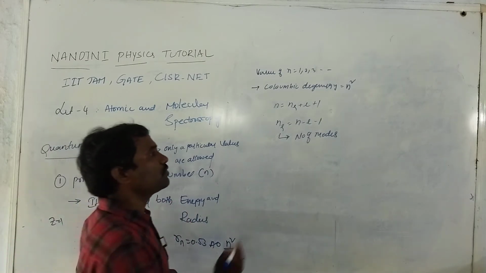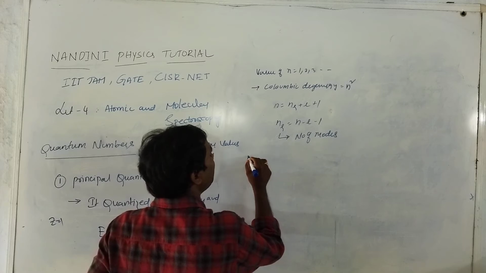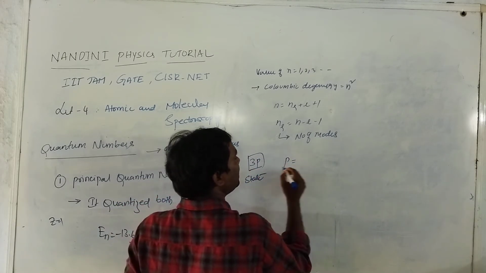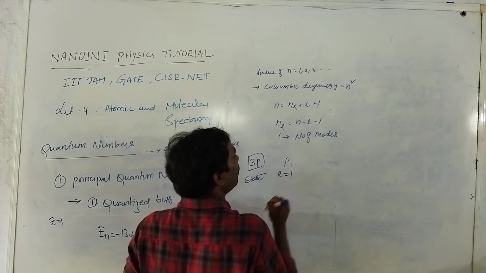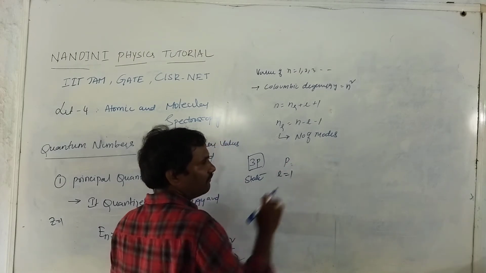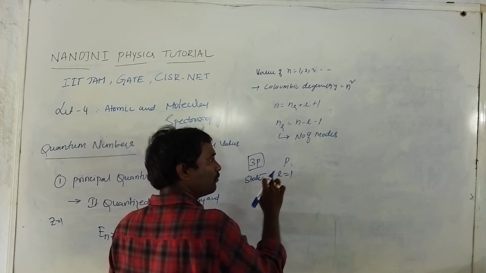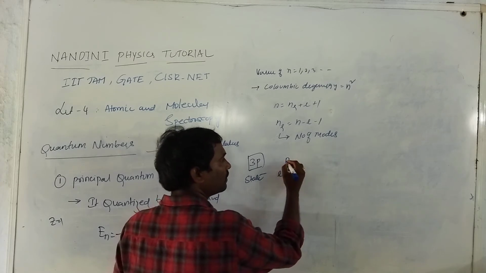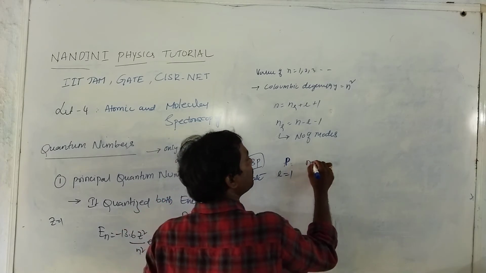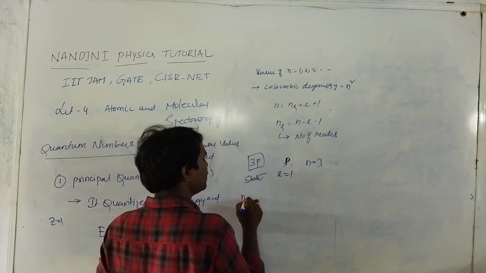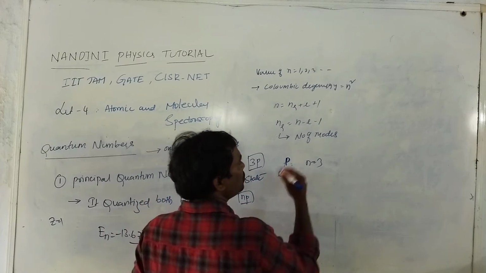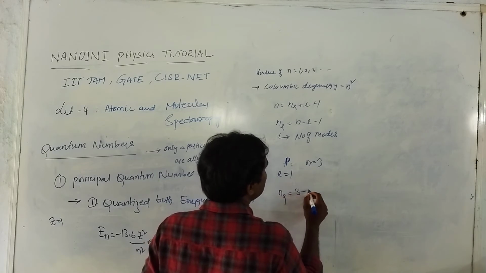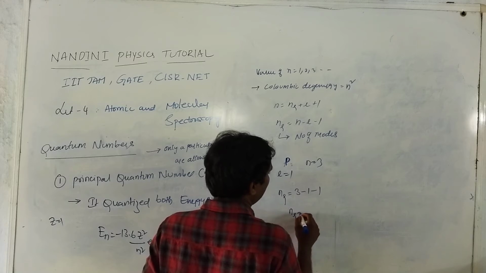For example, consider the 3p state. In SPDF, for the p state the orbital angular momentum quantum number l is equal to 1, and n is equal to 3. Substitute: nr is equal to 3 minus 1 minus 1, so nr is equal to 1.